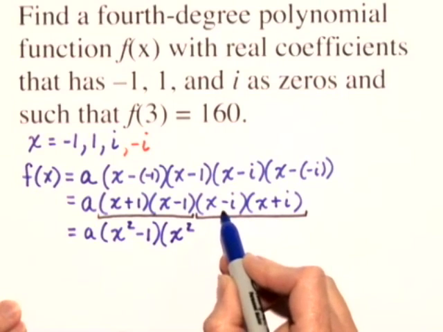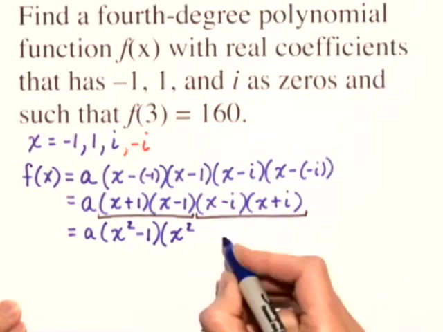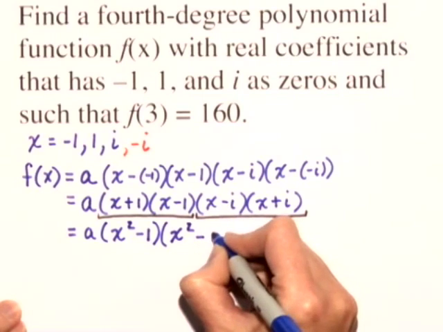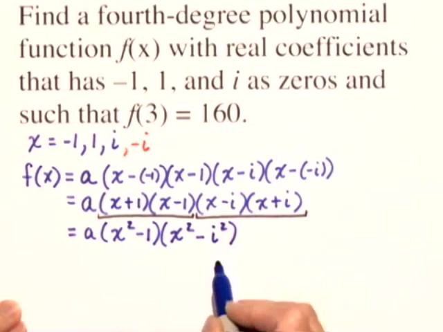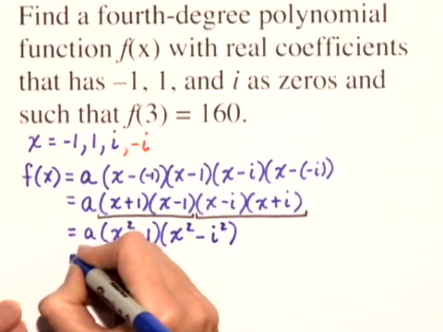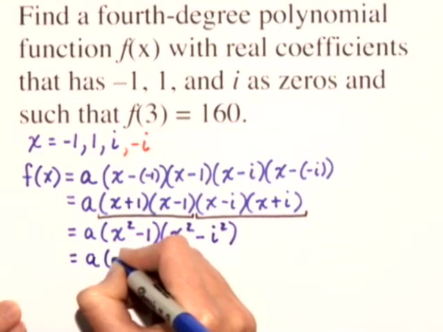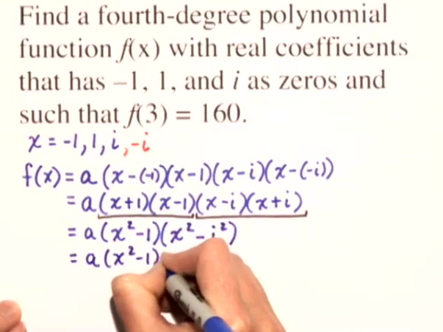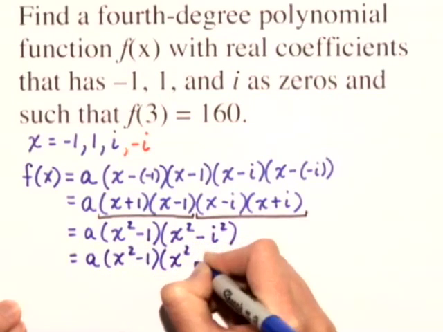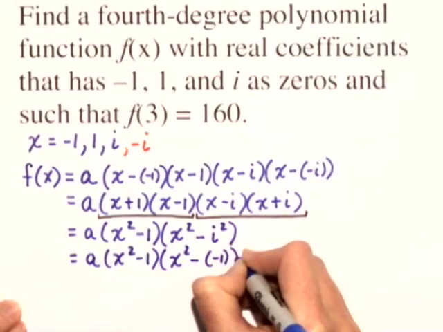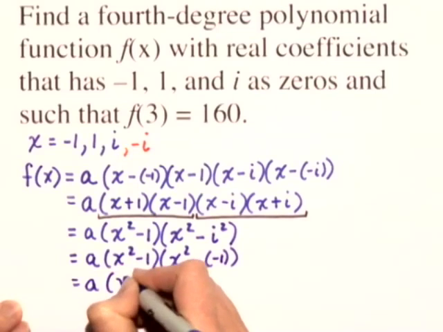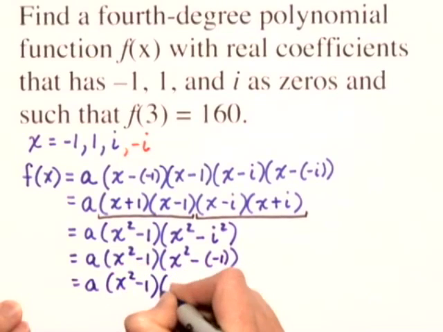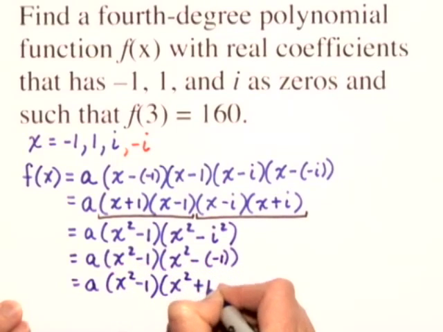And then the last two terms, we have a negative times a positive, which is a negative, and i times i is i squared. But we need to substitute -1 in for i squared. So we have a times x squared minus 1 times x squared minus -1, which is just a times x squared minus 1 times x squared plus 1.